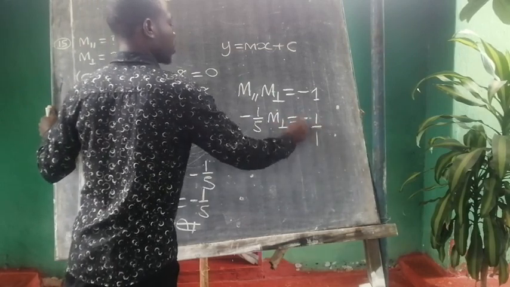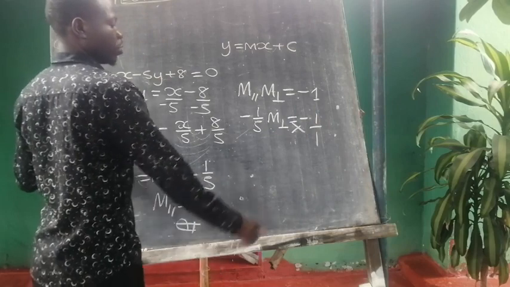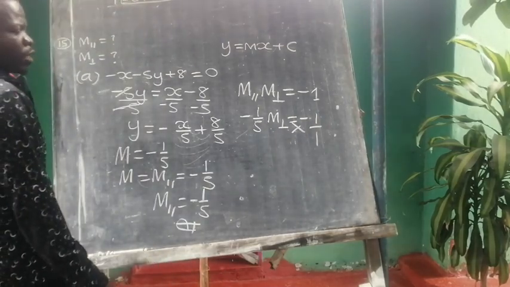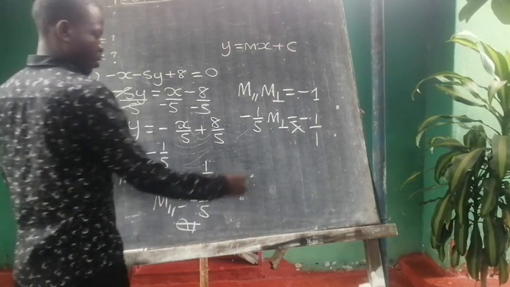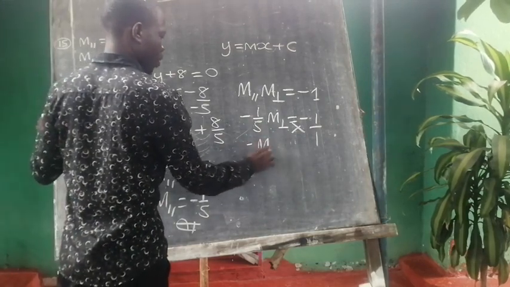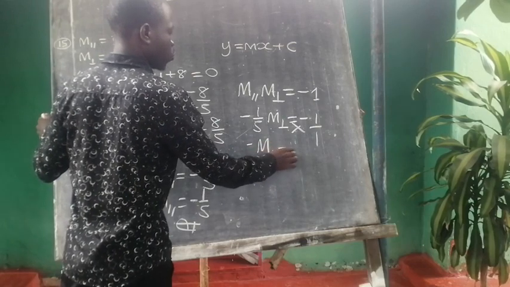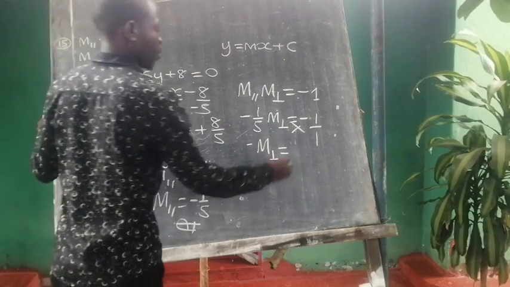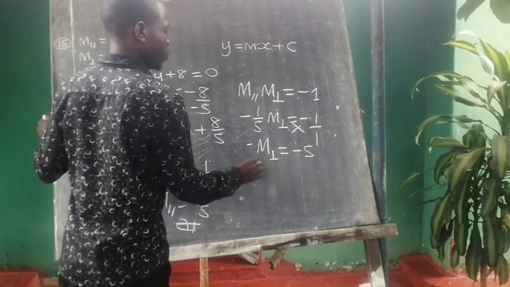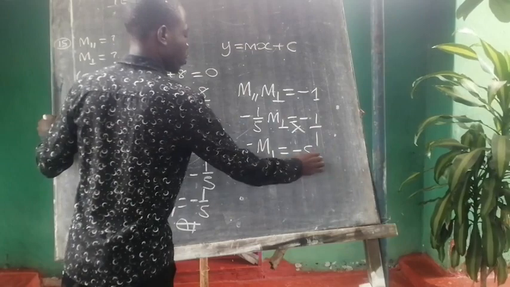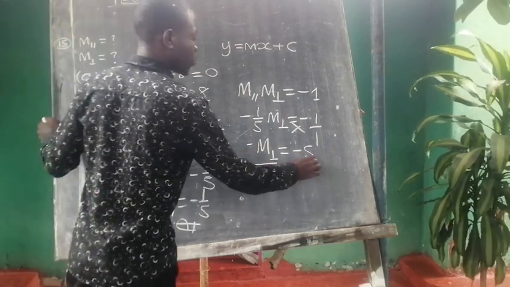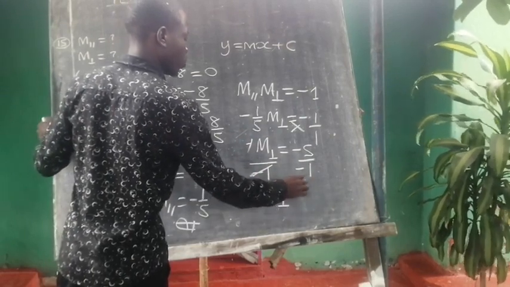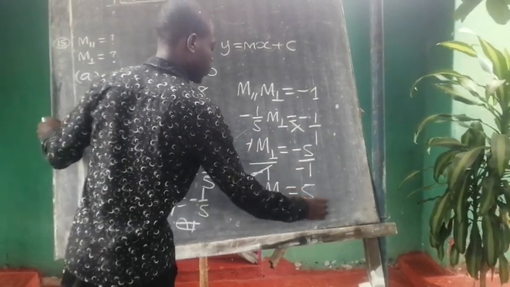We cross multiply, which gives 1 times negative m perpendicular. What are we getting? Negative m perpendicular equal to 5 times negative 1, which is negative 5. So we divide both sides by negative 1 to make m perpendicular the subject of the formula. This will cancel, and m perpendicular equal to 5.